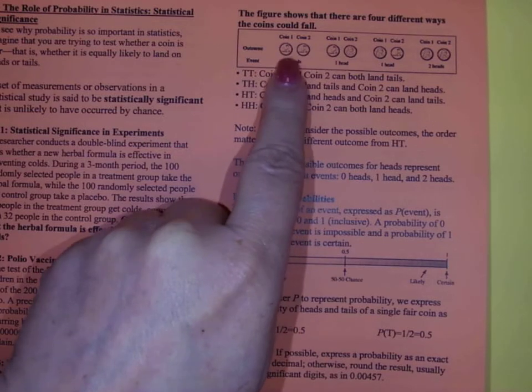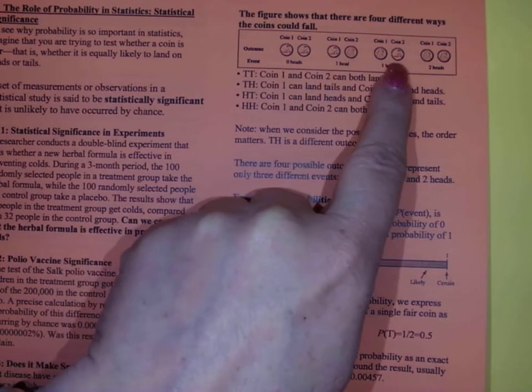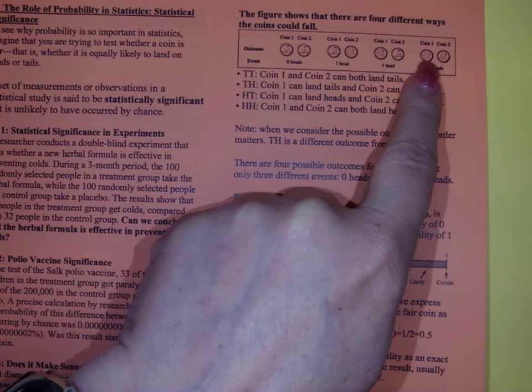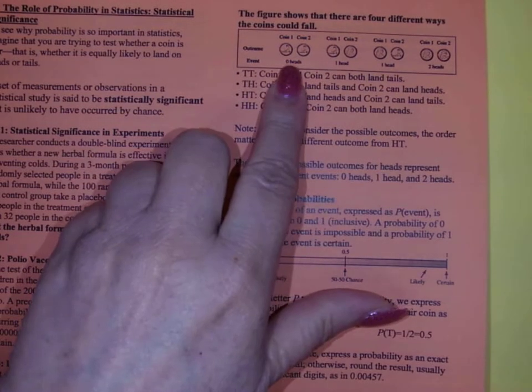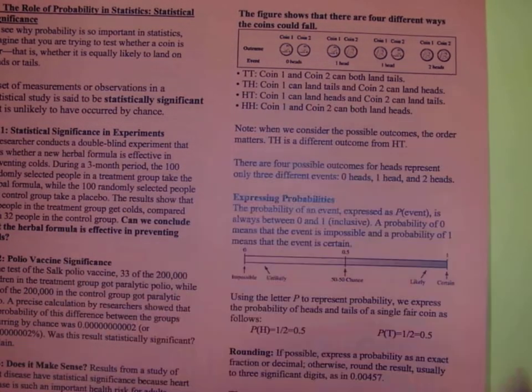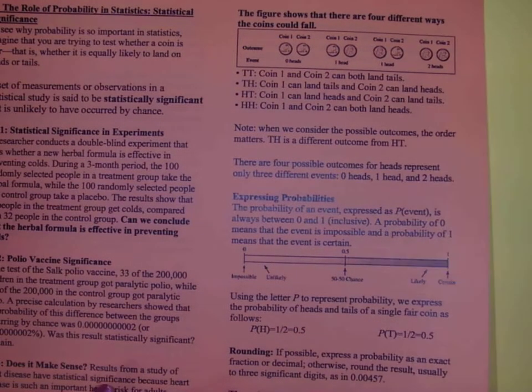The outcomes were the 2 tails, the tail-head, the head-tail, and 2 heads. But the events are going to be 0 heads, 1 head, or 2 heads. So there are differences between the outcome and the type of event.